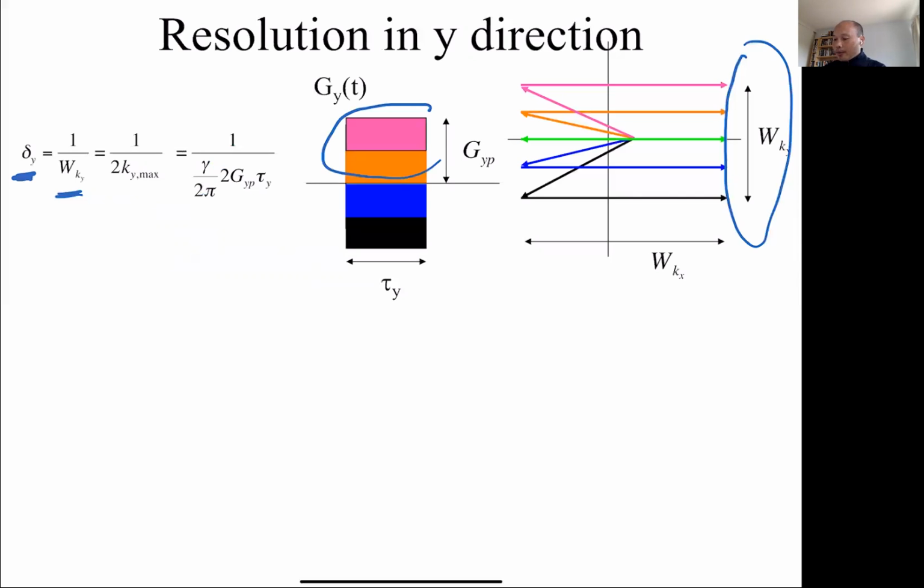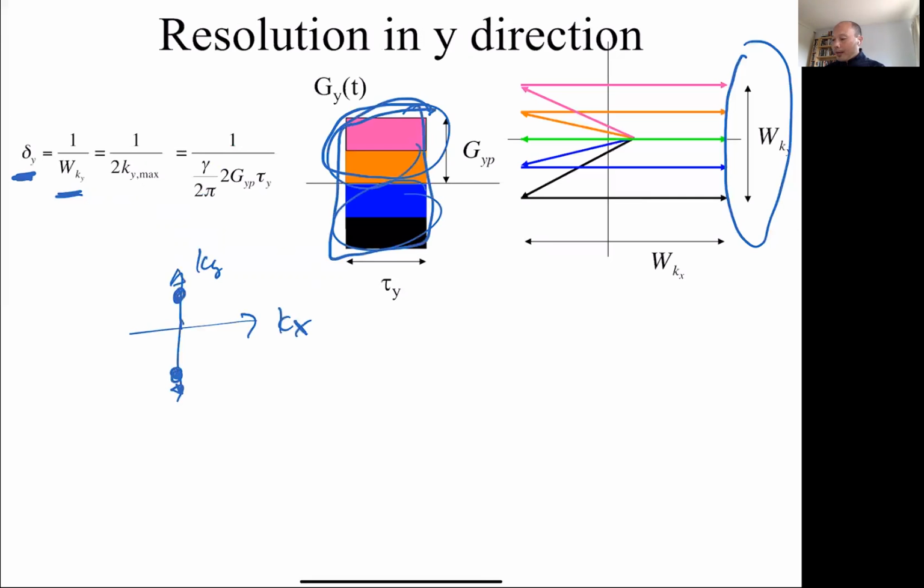All this area represents how far in K space I've gone. If this is K space here, KX, this part gets me out to some point here, and then this area would get me out to some point here. So it's this total area here that represents my WKY.